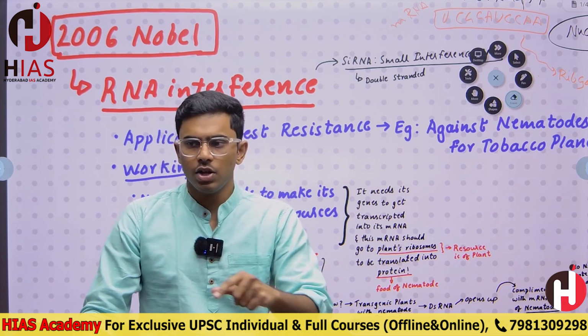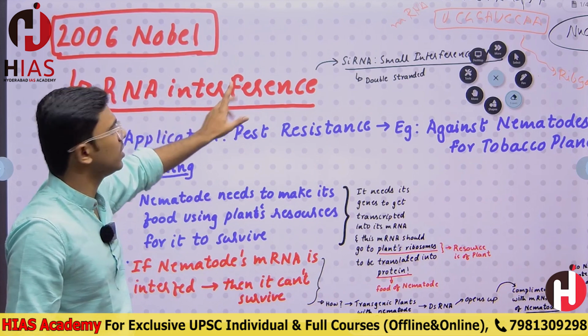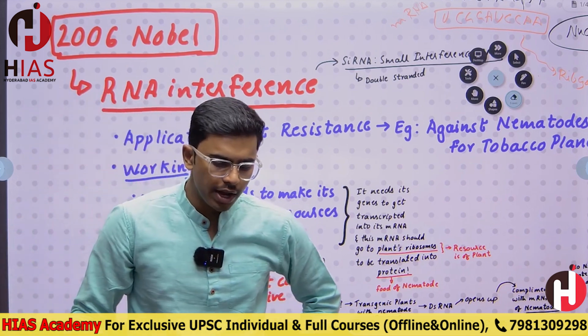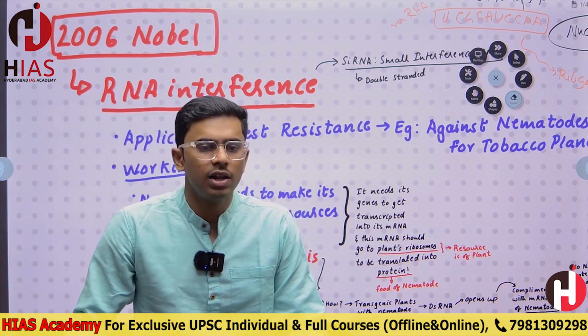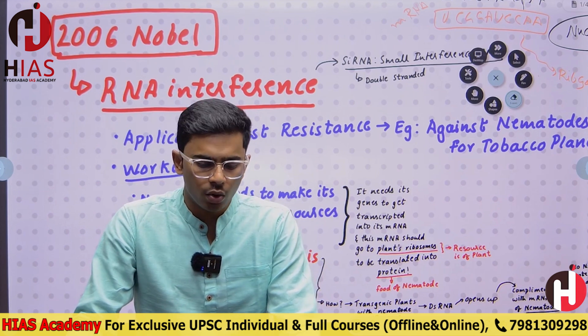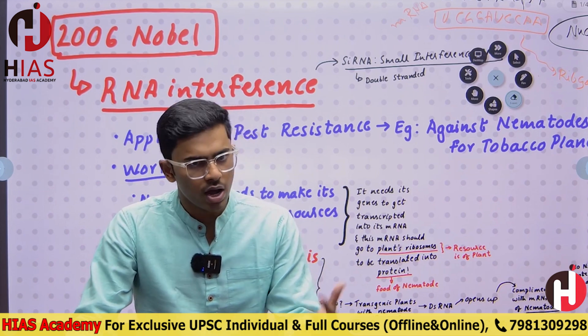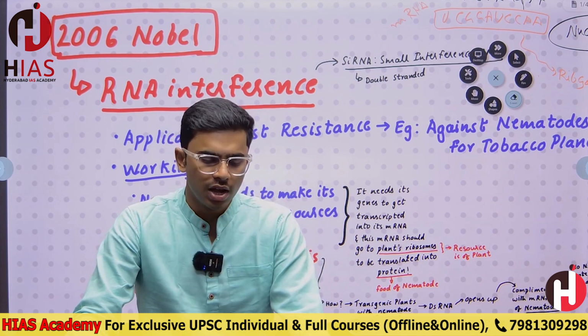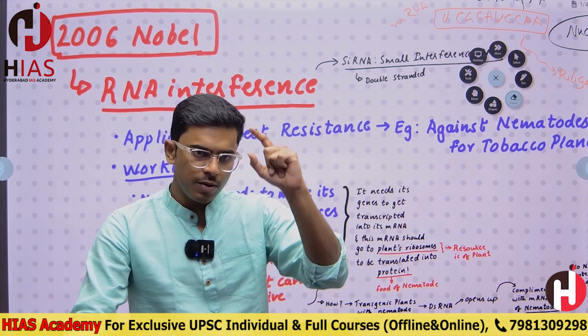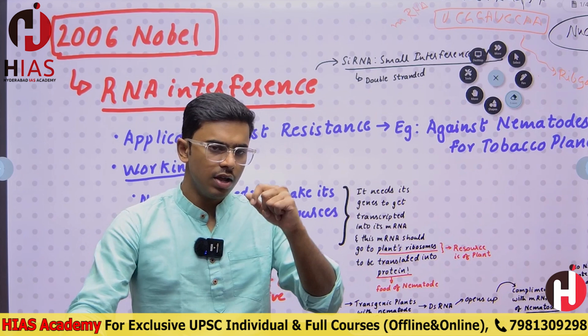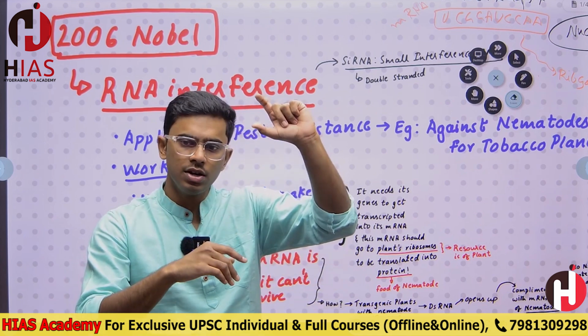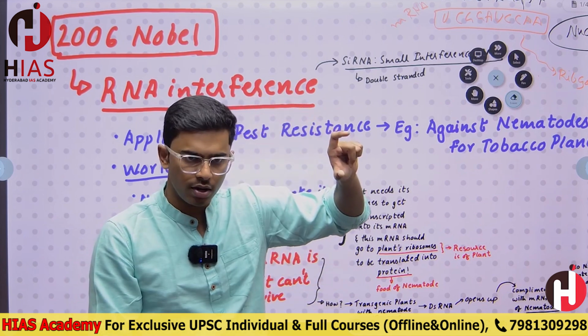Now in that chapter, you have something called RNA interference technology. Again, you might ask, sir, the question did not surface on RNA interference technology as such. However, in this very chapter you have Bt cotton as a topic.